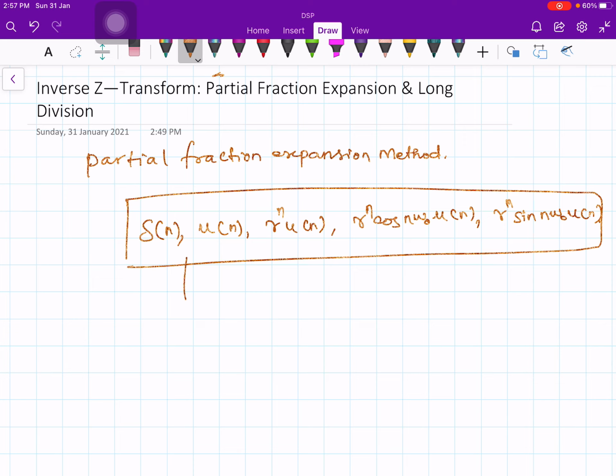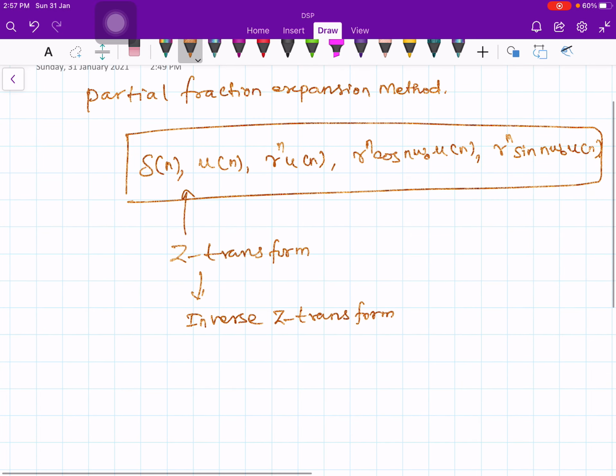Once you know the Z transform of this, then you can do inverse Z transform very easily. We will see how we can do that using partial fraction expansion method.